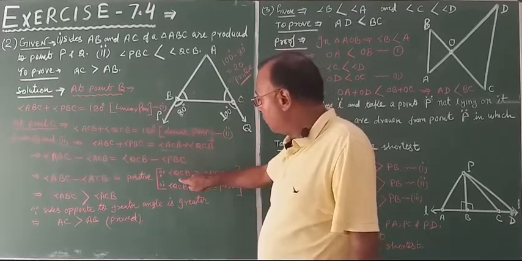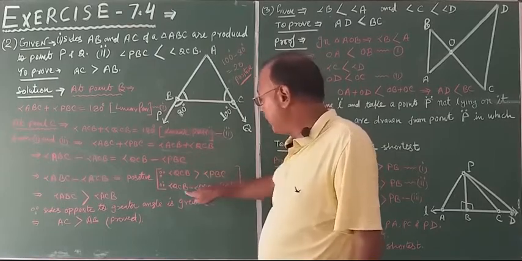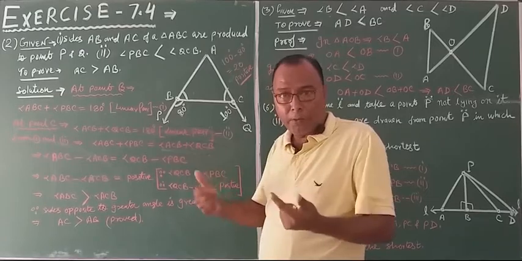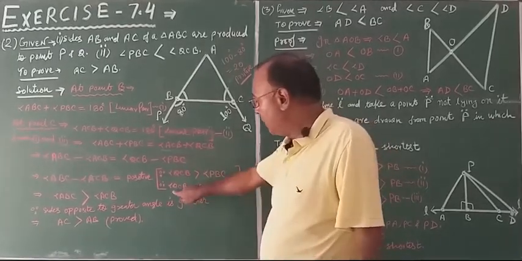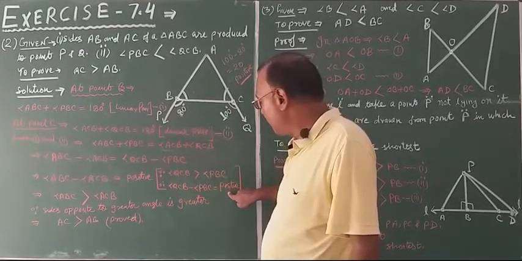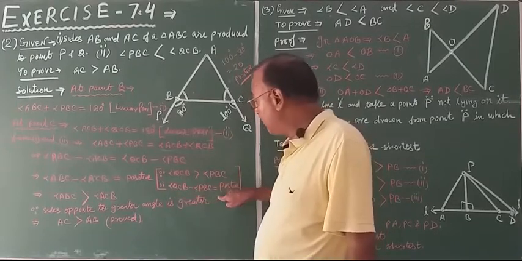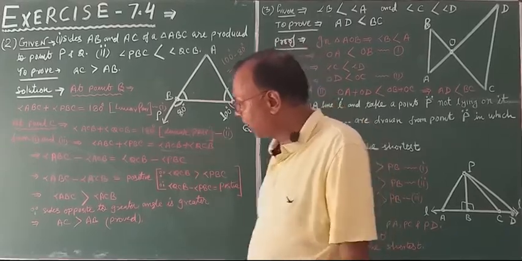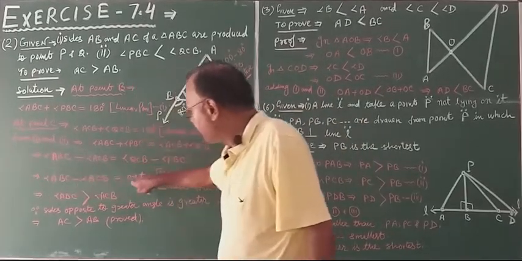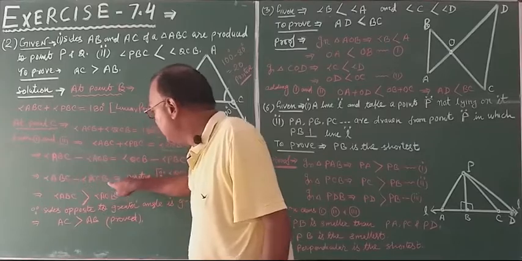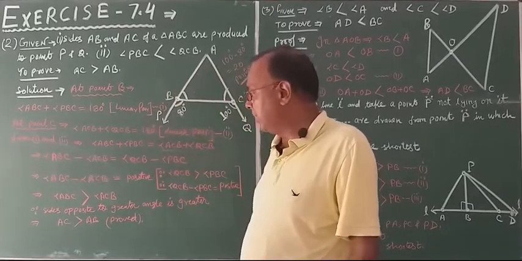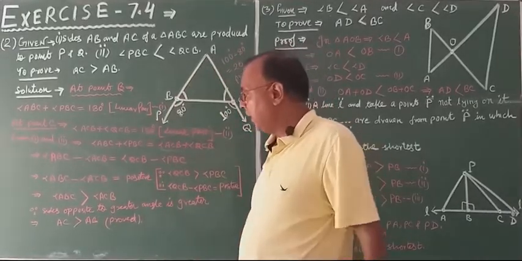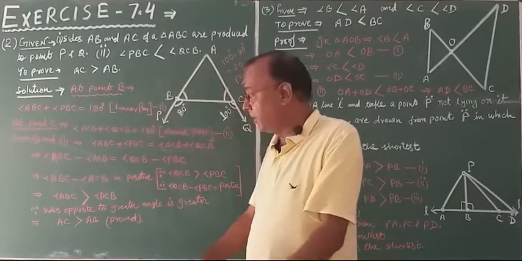If QCB is greater than PBC, then QCB minus PBC is positive, and the converse is: if QCB minus PBC is positive, then QCB will be greater than PBC. Now just look, what is coming here? ABC minus ACB is a positive number. It means the same thing: ABC will be greater than ACB.